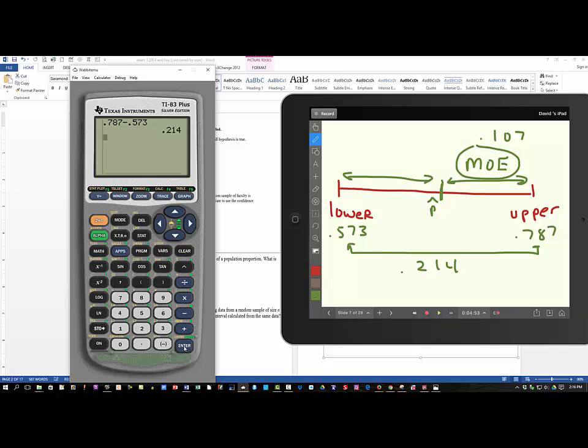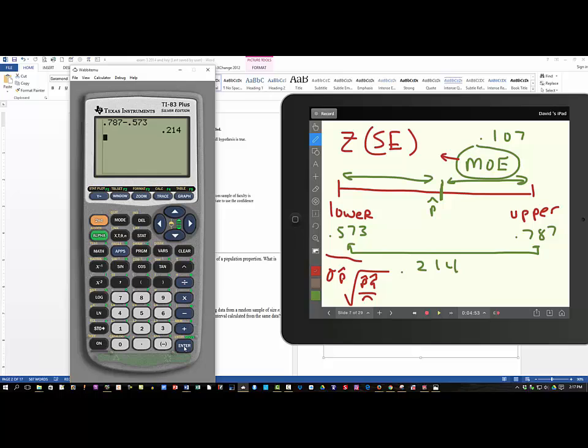Now what we also know is that the margin of error is going to equal z times the standard error. You could write that standard error out a number of ways: you might call it sigma p-hat, or write it as the square root of p-hat q-hat over n.